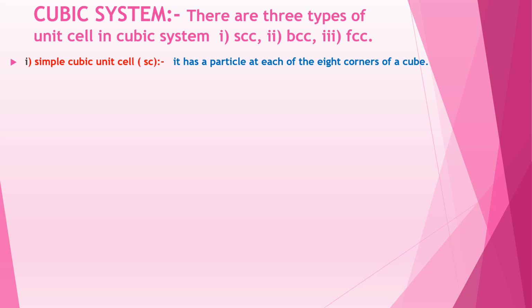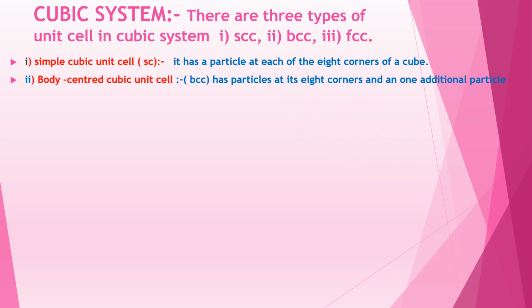First one, simple cubic unit cell: it has a particle at each of the 8 corners of the cube. We know that. All the 8 particles are present in the 8 corners. Second one, body-centered: same as before, 8 particles are present in the 8 corners and 1 particle is present at the center of the body.